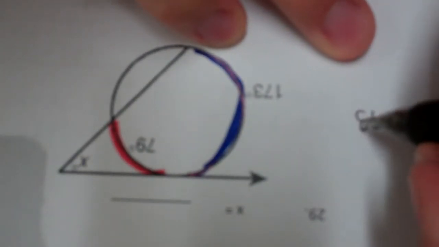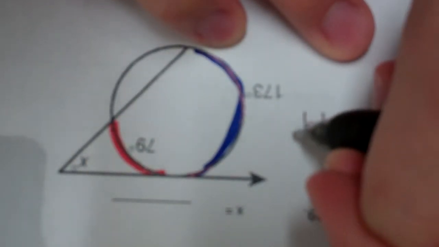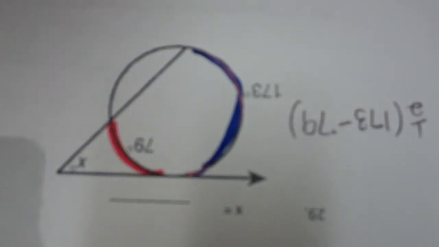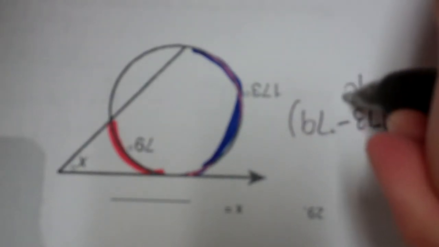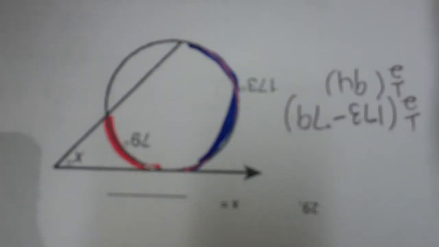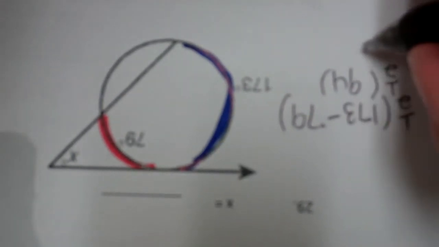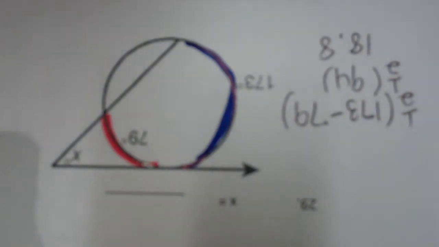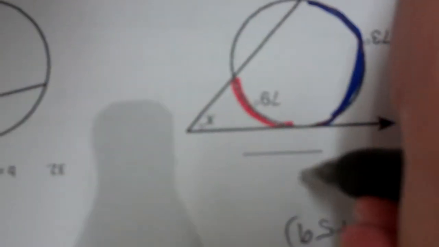So 173 minus 79 divided by 2. And divided by 2 is the same thing as times 1/2. It just depends which equation you prefer to use. So you get 18.8.